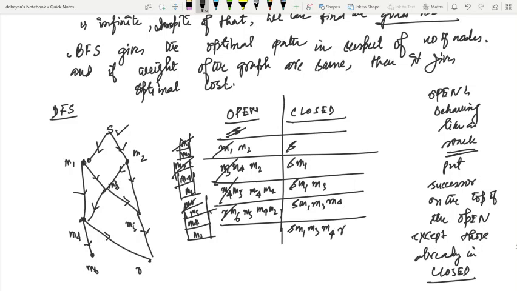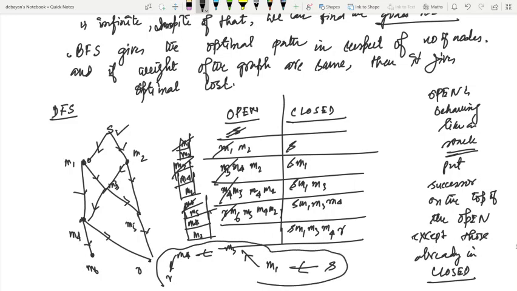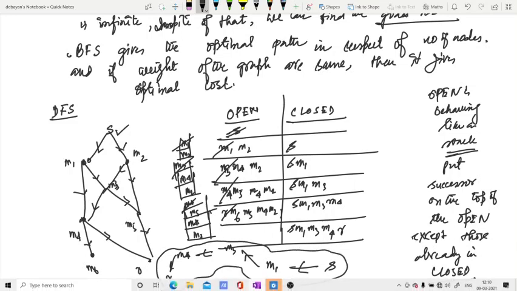If we reach the goal node, you can stop your algorithm. If we backtrack from S, you first explore M1, then M3, then M4, then R. That is the corresponding path, and that is the algorithm of DFS.